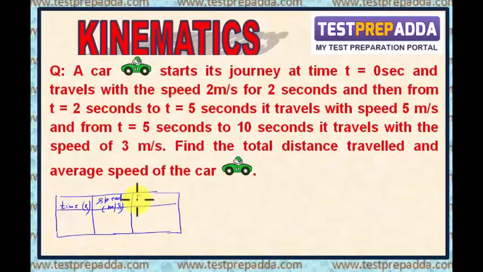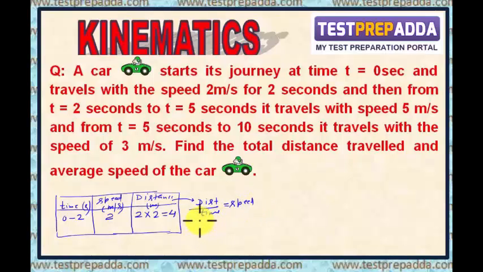And here I'll write distance, and that is meter. So 0 to 2, the speed was 2 meter per second. So how much distance the car will cover? 2 into 2 is equal to 4, because the distance upon time is equal to speed.